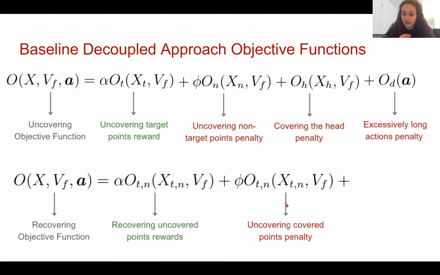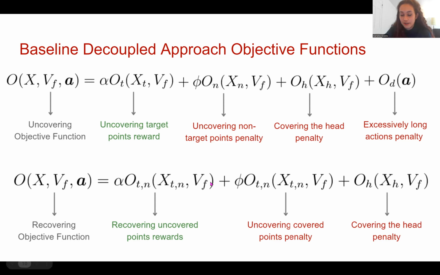Similarly, if the target limb was the leg and the uncovering model uncovered it, so only the leg is uncovered and everything else is covered, when the recovering action comes in, if it uncovers the arm in the process, it'll get penalized for that. It's like uncovering points that were never supposed to be uncovered in the first place. And then it's also penalized for covering the head during the recovering process.